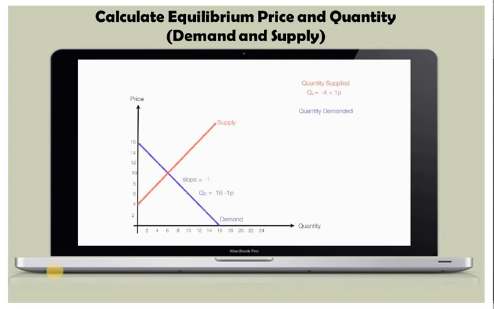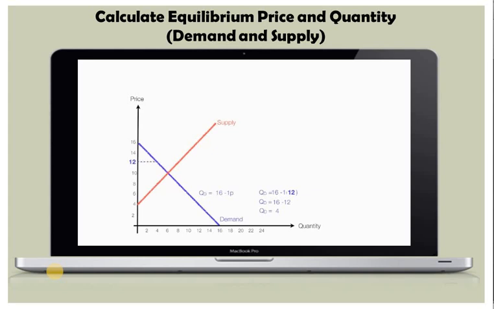The slope of the demand curve is -1, and that's that -1 right there. So now if I plug in a price of 12 into the equation, I get quantity demanded is equal to 16 minus 12, which is equal to 4, last time I checked. And that's the quantity demanded.